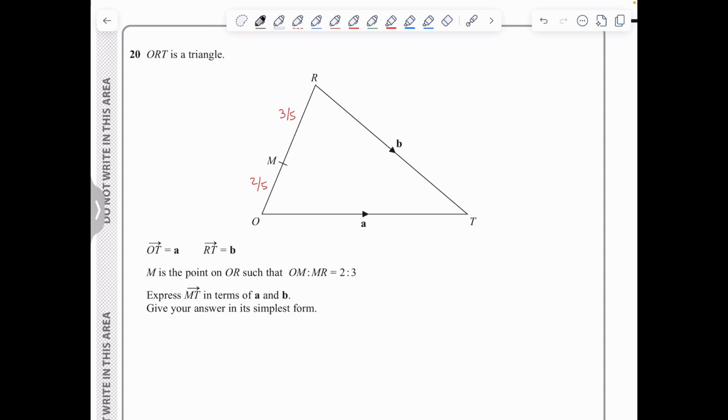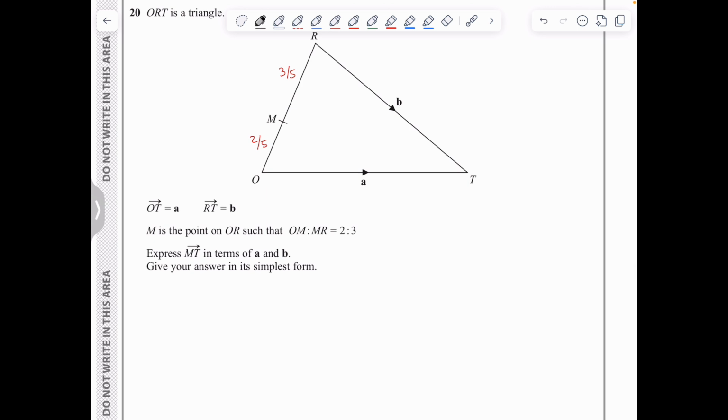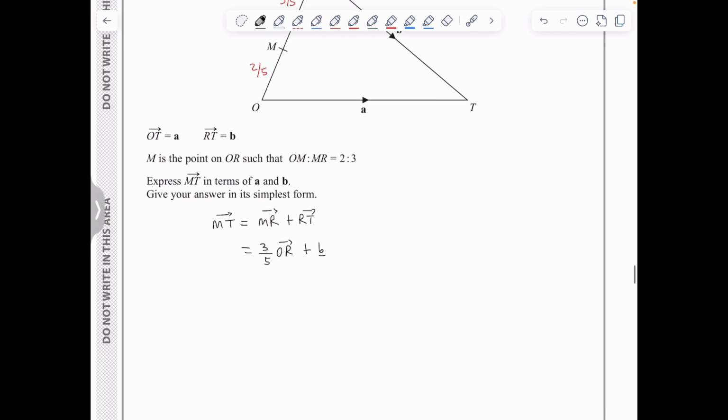So we're trying to find an expression for the vector MT. So to go from M to T, I can go from M to R and then from R to T. Now the vector MR is simply 3/5 of OR. So let me write here 3 over 5 times OR. The vector RT is the vector B, so I can proceed.